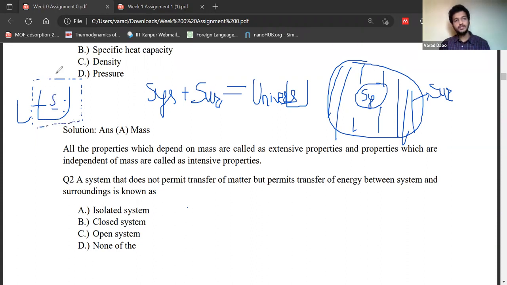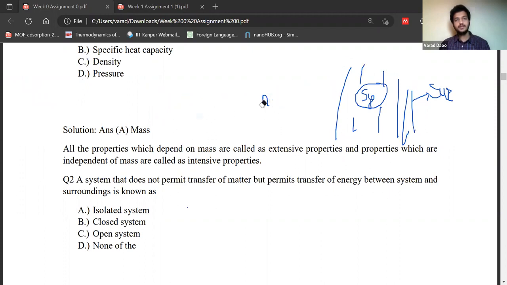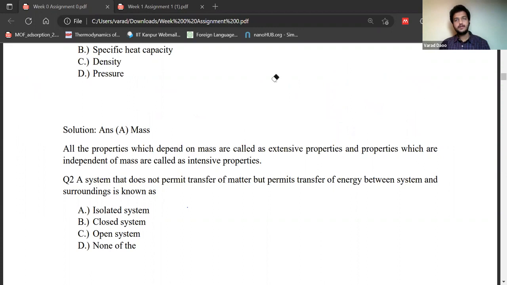So the system is what we study, and whatever comes outside of this boundary is called the surrounding. This is what the examiner wants to ask us: this is the system, we draw a boundary, and this is the surrounding.